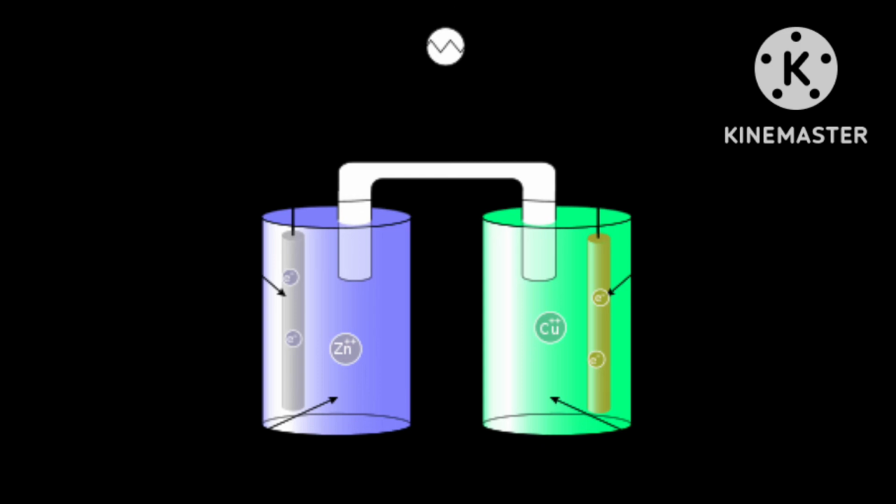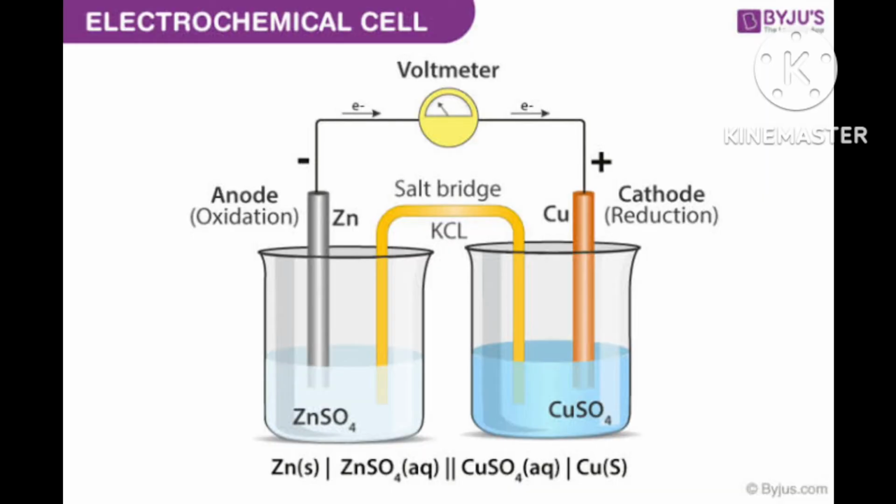electron goes through the wire, which you have connected to the copper metal through an ammeter or voltmeter. This electron will go from the Zn side to the copper, from the Zn rod to the copper rod through the connecting wire.